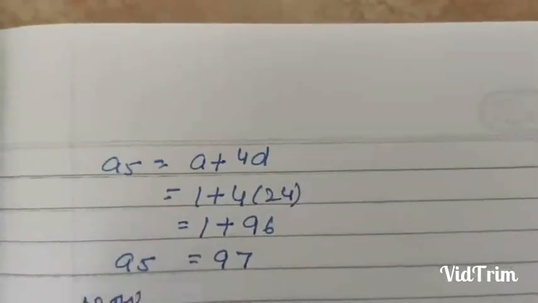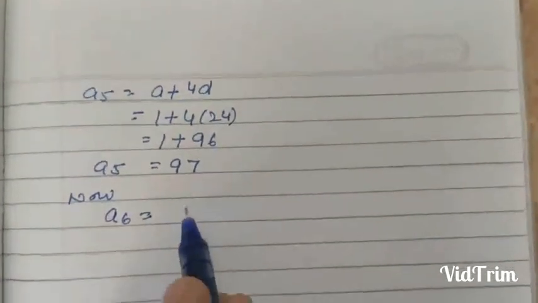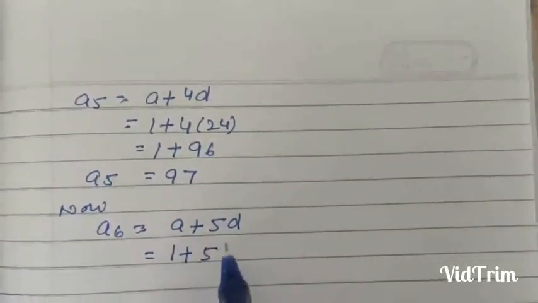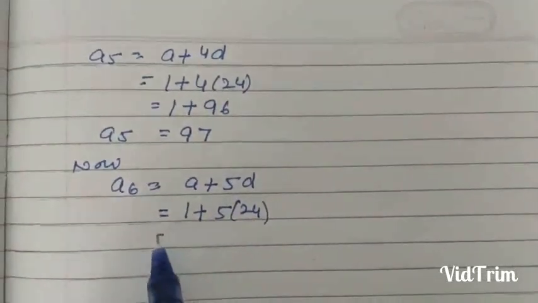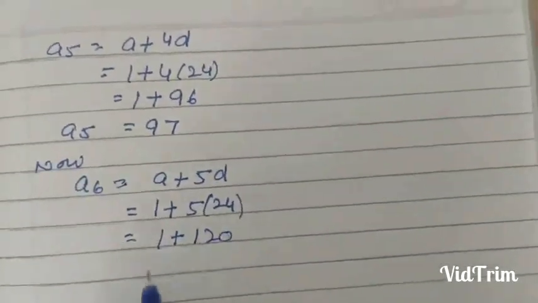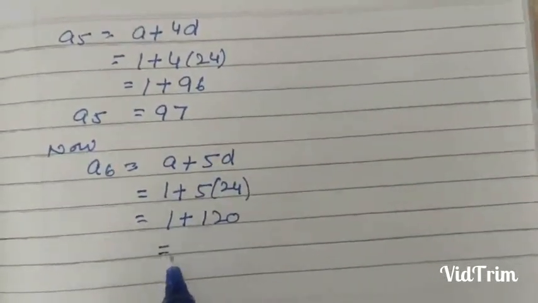Now we have to find a6, that is a plus 5d, and a is 1 plus 5 into d, which is 24. It becomes 1 plus 24 into 5, which is 120, and 120 plus 1 becomes 121.